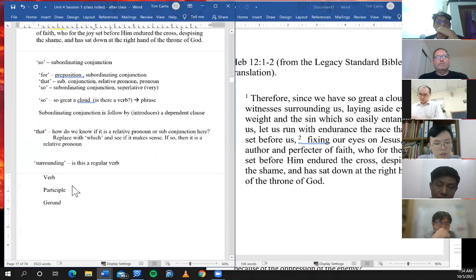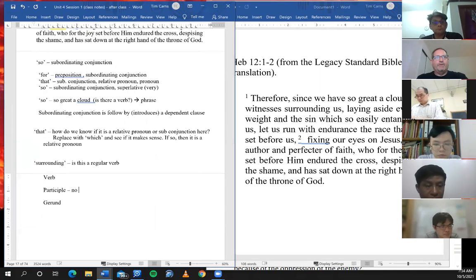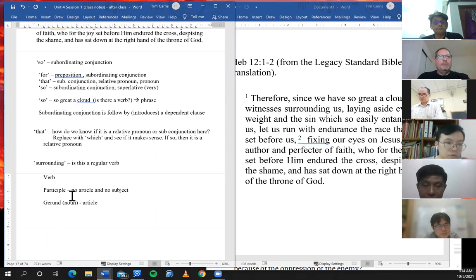So if it's a participle, there'll be no article and no subject. If it's a gerund, you'll likely see an article, because remember, a gerund functions as a noun.